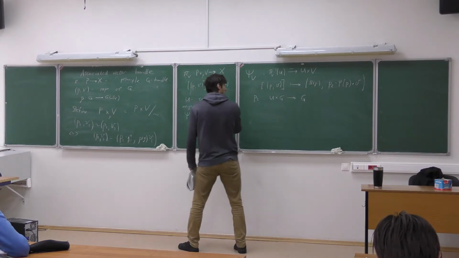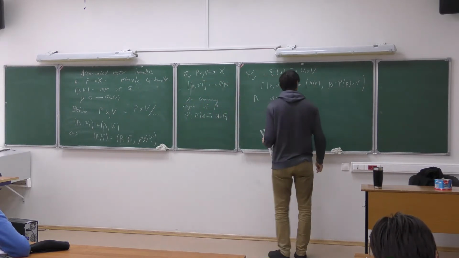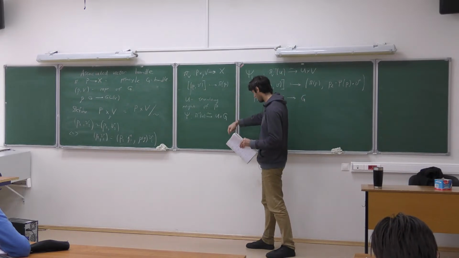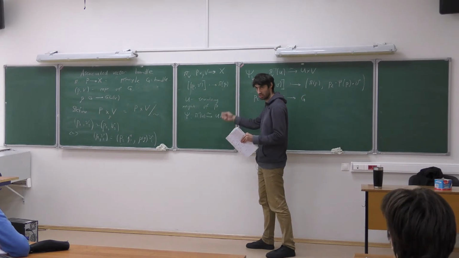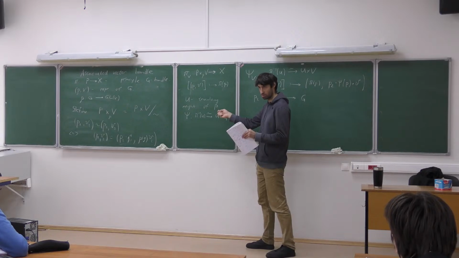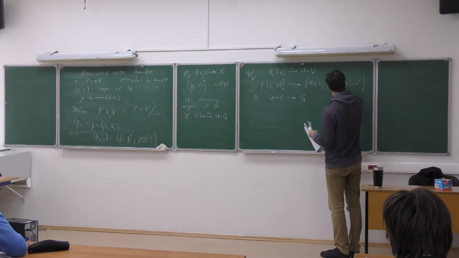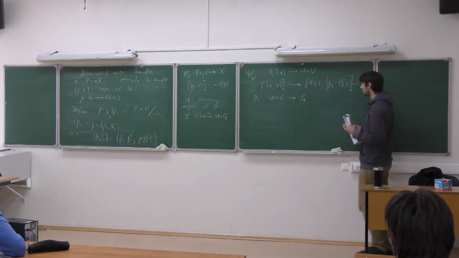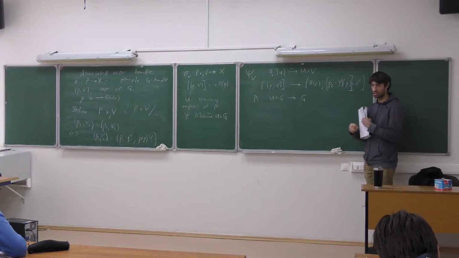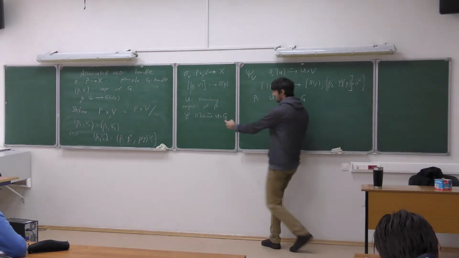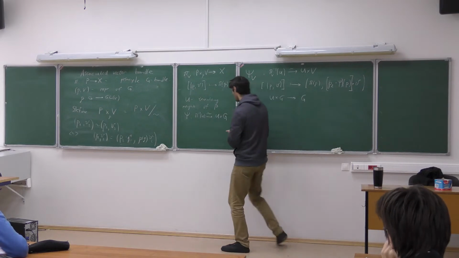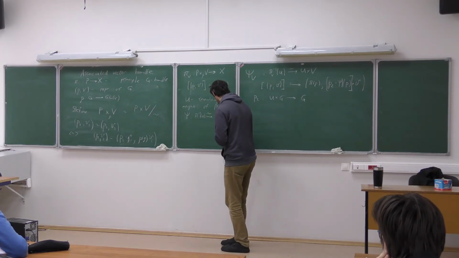This gives me a pair: u and g. Then I project it to G, get an element of the group. And then I act by this element. So I guess I need to take these brackets and this. So like this. Right, so by psi, I go from here to here. By P2, I go from here to G.